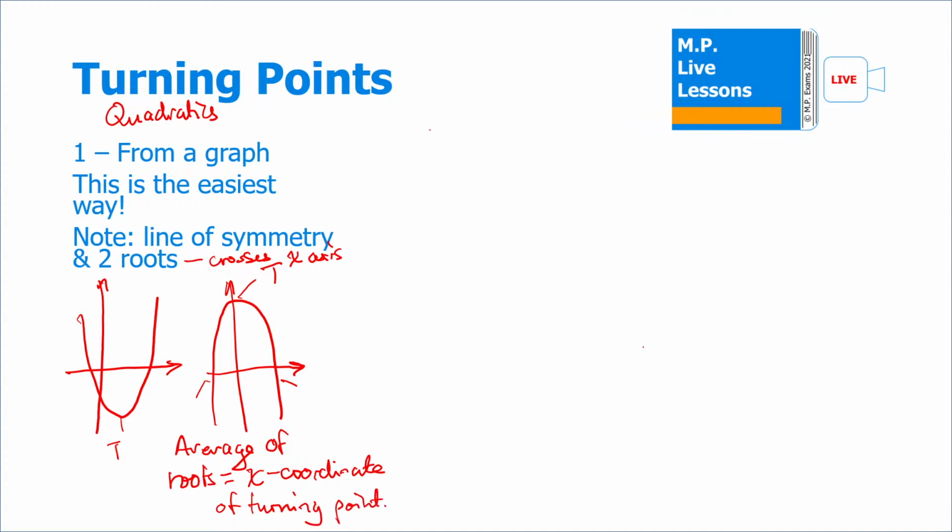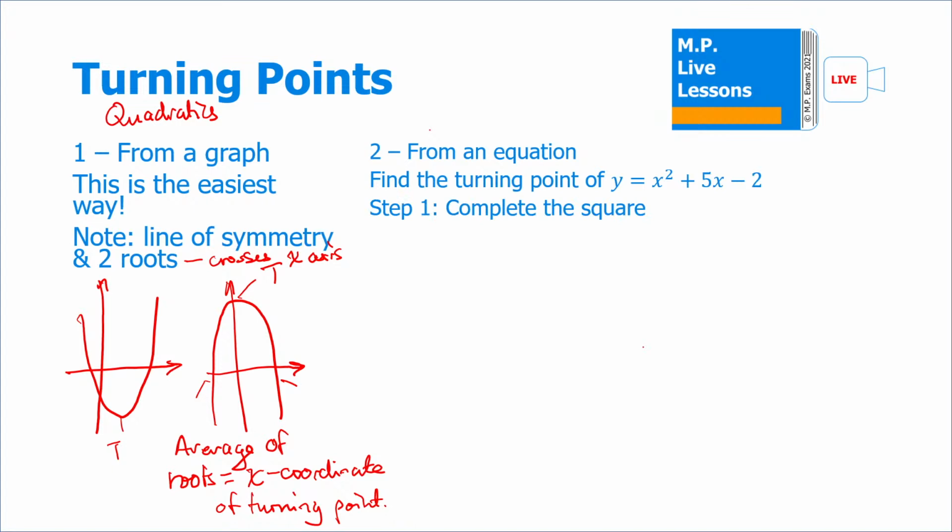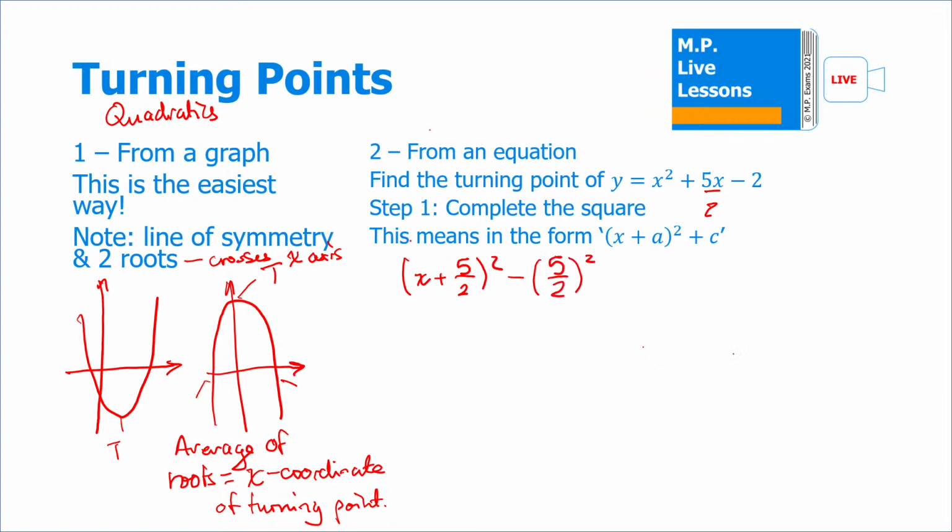And usually you'd use an equation and you'd find the turning point by completing the square. So if I complete the square of this, you'd divide this by 2. So you'd have x plus 5 over 2 all squared, which is a bit awkward. You'll take off 5 over 2 squared and still have that minus 2 in the end.